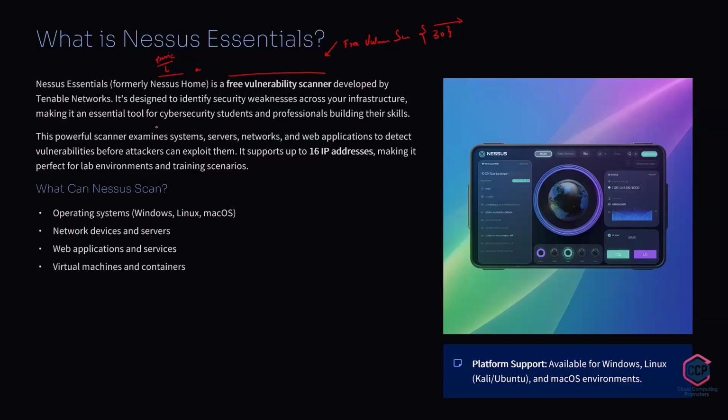What Nessus actually does is identify security weaknesses across the infrastructure. Infrastructure means the whole IT, physical and web, the whole infrastructure of the organization. It will scan, and in the result it will give us a list of vulnerabilities, the score of each vulnerability, and the version.